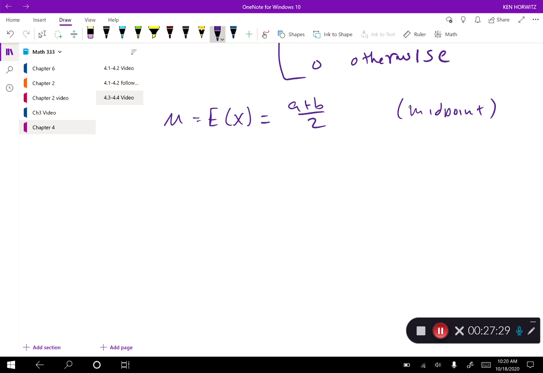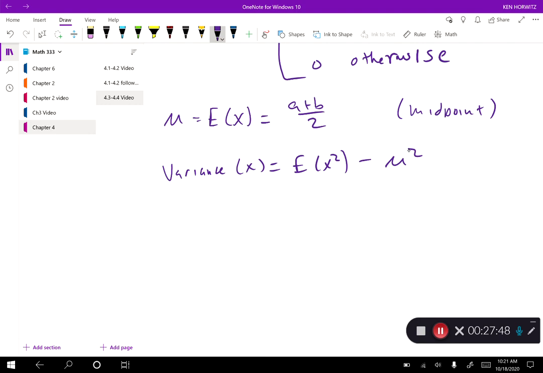And for my variance, I'm still going to use my E of x squared minus mu squared.